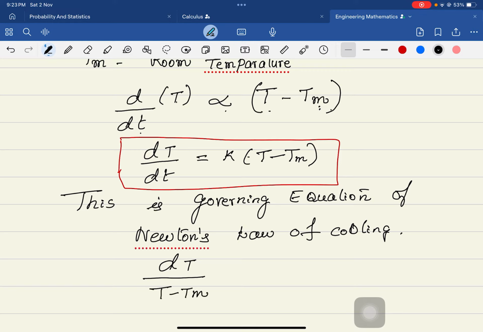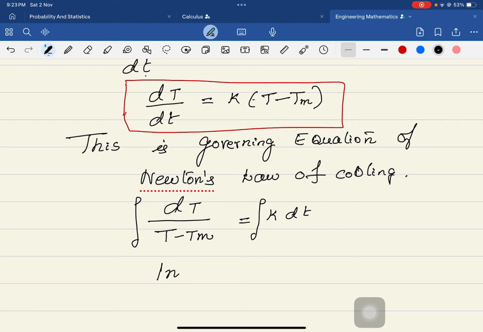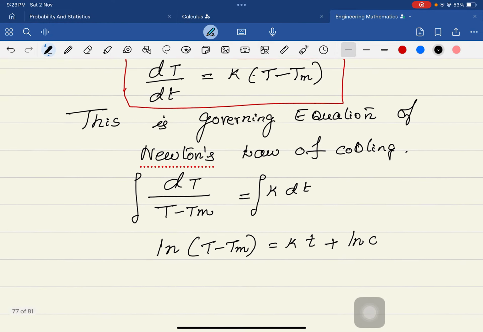Dividing by T minus Tm on the whole, it gives you k times dt, correct? Then when I solve this integral, dT by T minus Tm is nothing but ln of T minus Tm, and the right side is k times the integral of dt, which is kt plus some constant. Since there is ln, let us take ln c.